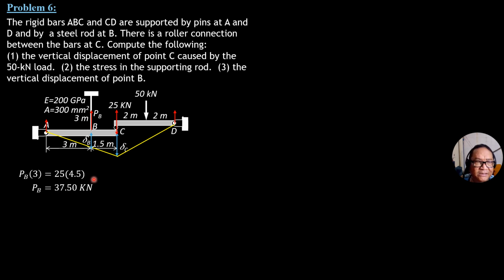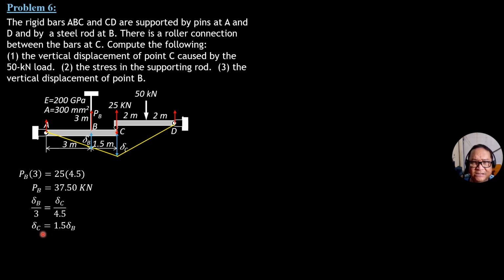Then by similar triangles for the deflection, deflection at B is to 3 as deflection at C is to 4.5. So that means the deflection under the load C is 1.5 times the deflection under B.